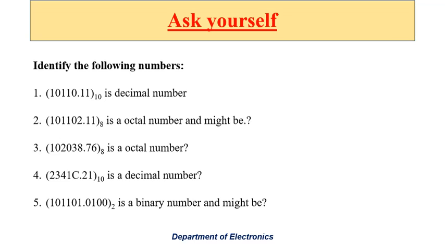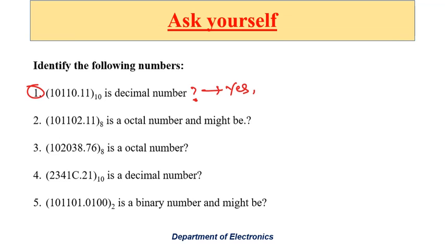You can see in example 1, I defined one decimal number. Is it clearly a decimal number? Yes, it is a decimal number because in the formation of the number we used only 0 and 1. Clearly, 0 and 1 belong to the decimal number system.